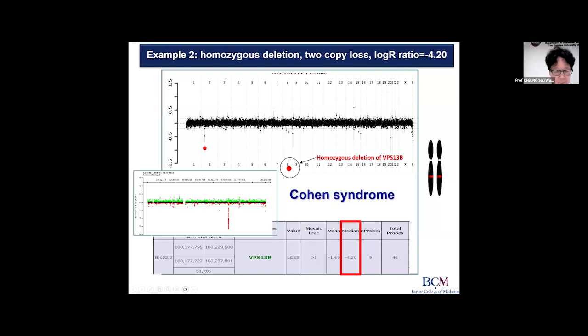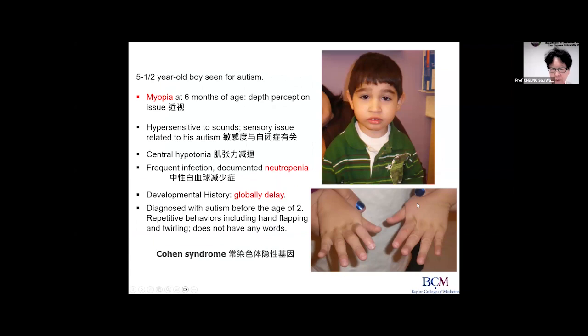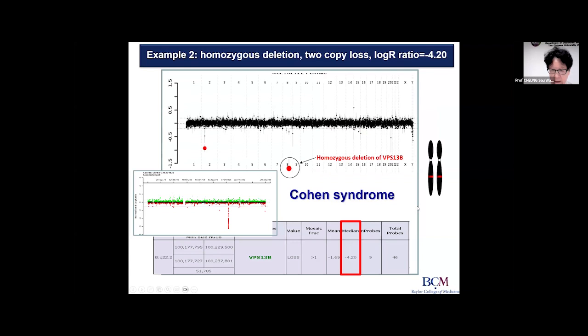So the loss was 51 kb, and it's on this VPS13B. You can see it's a copy number loss, and the total is 46 probes, and that is -4. The median range is -4.2. So in your mind, that is both copies lost.